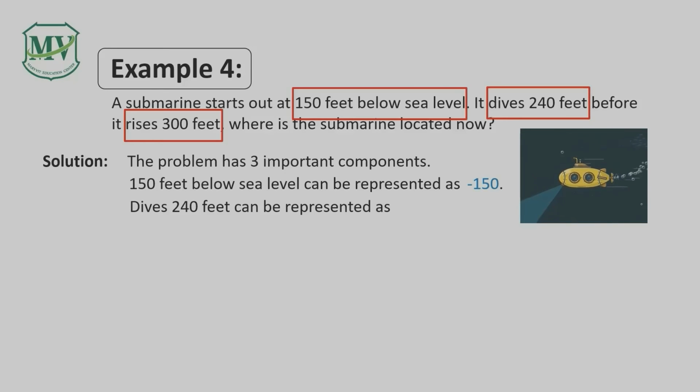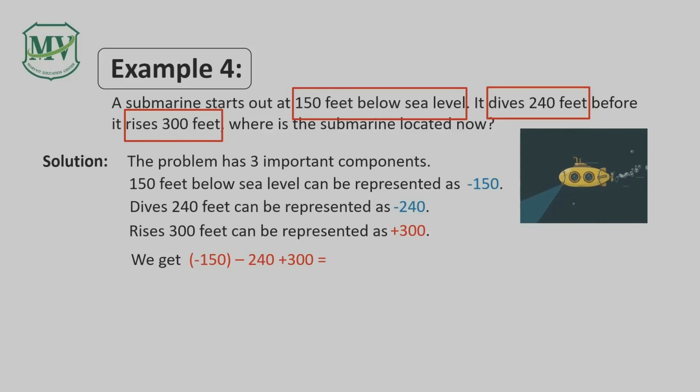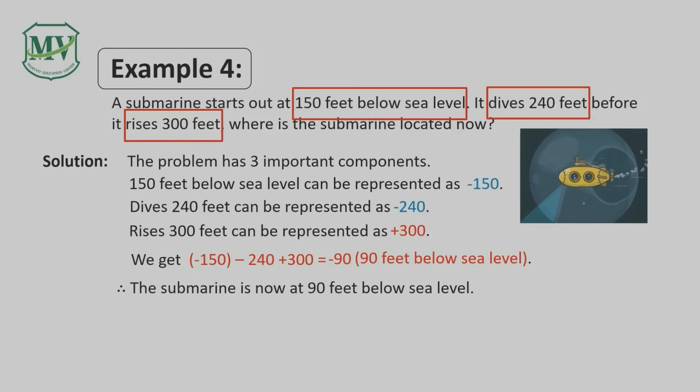Dives 240 feet can be represented as negative 240. Rises 300 feet can be represented as positive 300. We get negative 150 minus 240 plus 300 equals negative 90, which means 90 feet below sea level. For the final answer, the submarine is now at 90 feet below sea level.